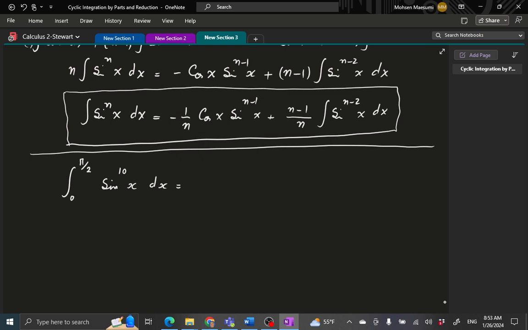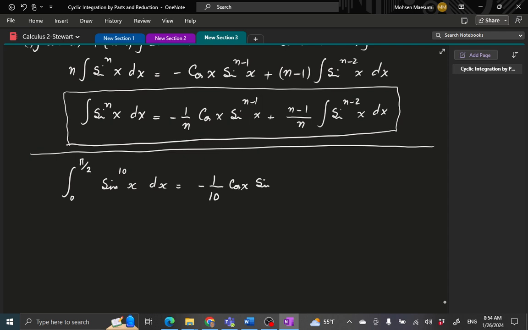At any rate, all that has happened here is that my integral is definite from 0 to pi over 2, and my n is specified. The n that I have here is supposed to be 10. So let's just go ahead and use this formula that we have, put it between the limits of 0 and pi over 2, and also specify what n is supposed to be. So minus 1 over n, n is 10, remember. Cosine of x, sine to the power of, well, what power is it going to be?